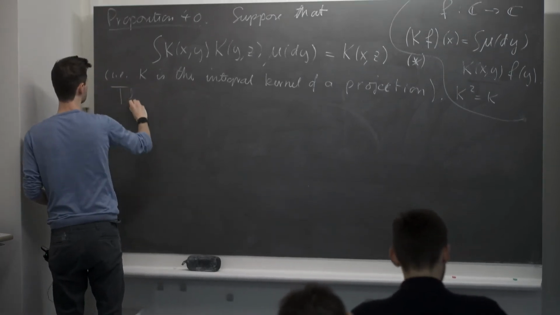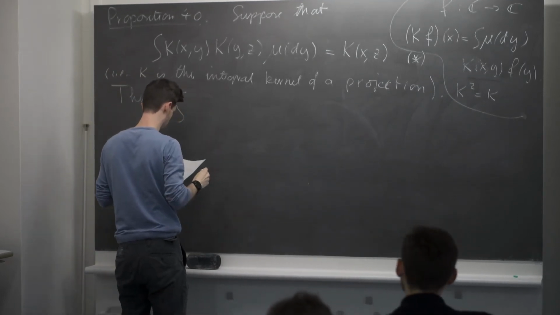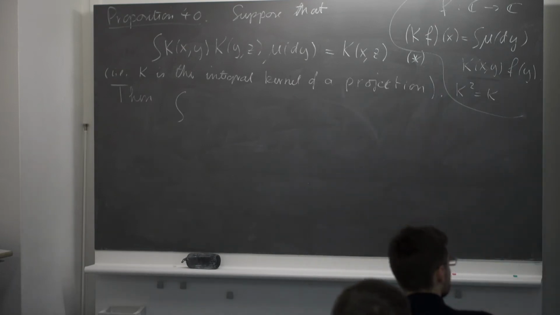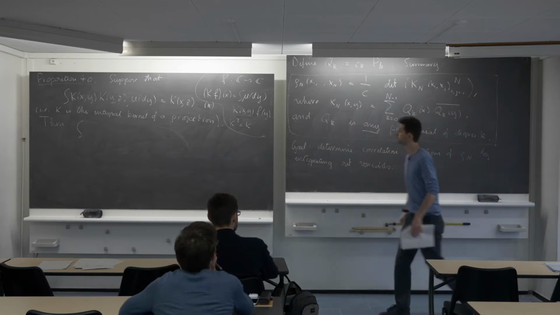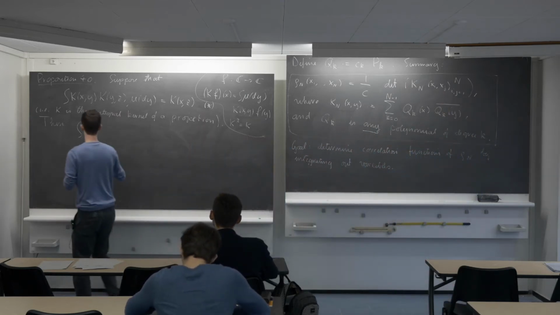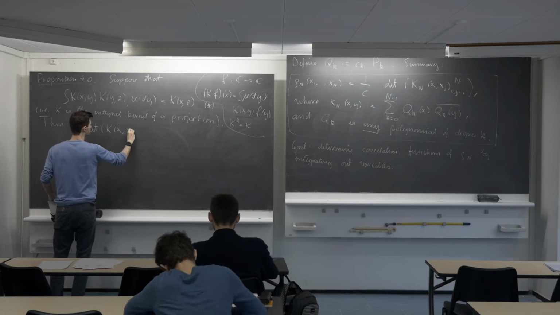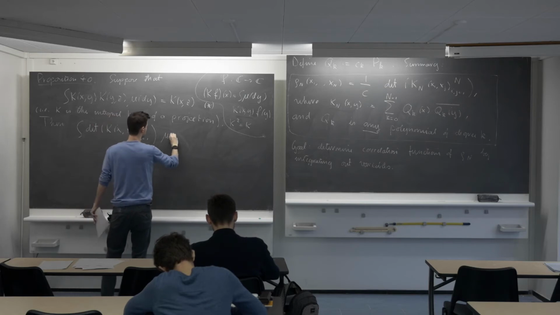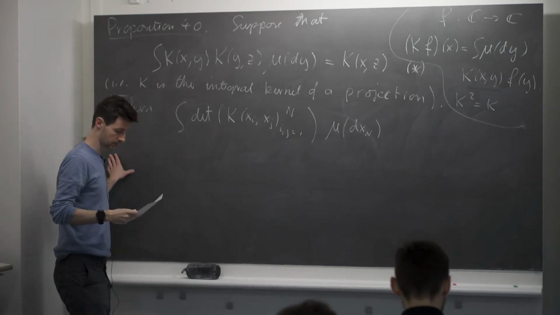Then the claim is I can integrate this density. So if you recall, this was my density with respect to the product measure mu. And now I would like to, let's say, integrate out the xn with respect to mu. And I can do that. So then the integral of the determinant, and now I integrate out the last variable.